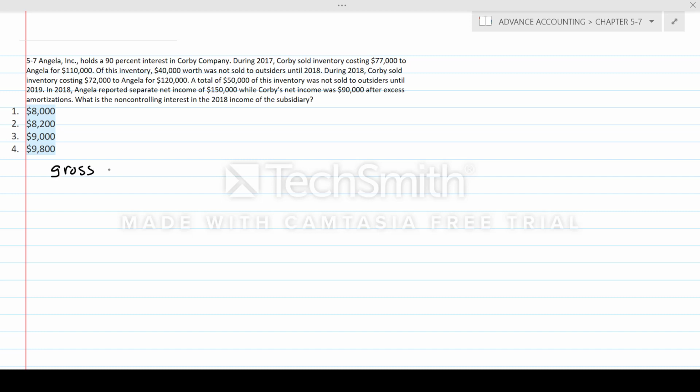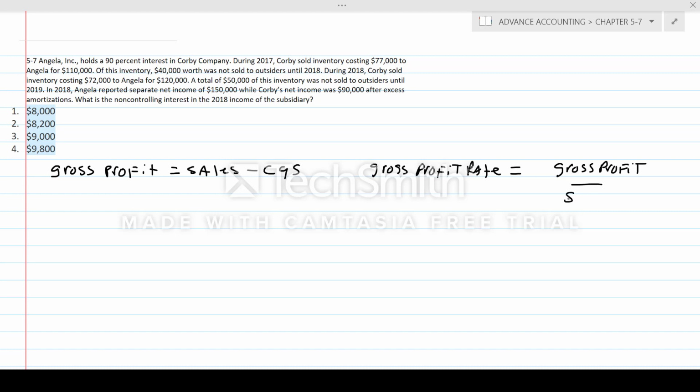So gross profit is equal to sales minus cost of goods sold, and then your gross profit rate is equal to gross profit divided by sales.